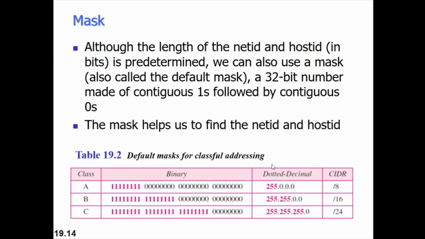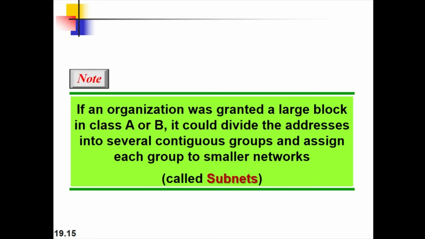In dotted decimal, the default mask for class A is 255.0.0.0. For class B, 255.255.0.0, and for class C, 255.255.255.0. So this one is in dotted decimal, this one in binary, and this one for the CIDR, so 8, 16, and 24.